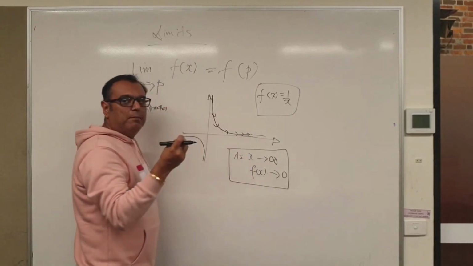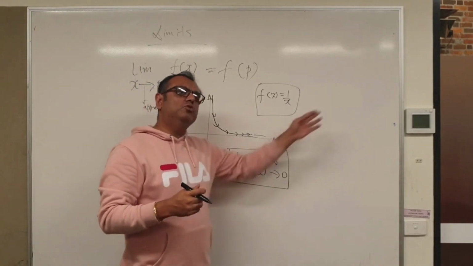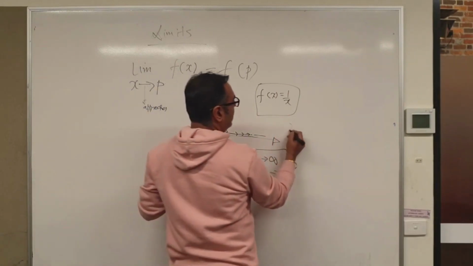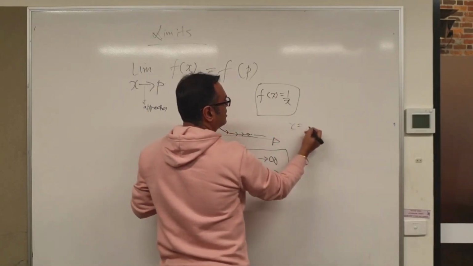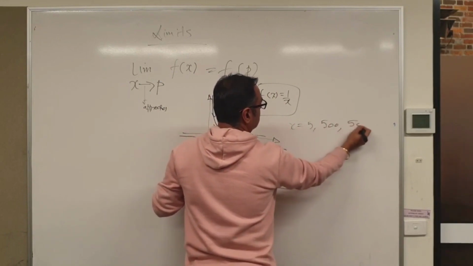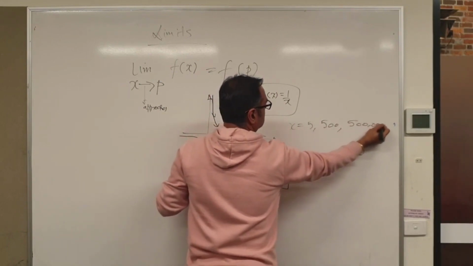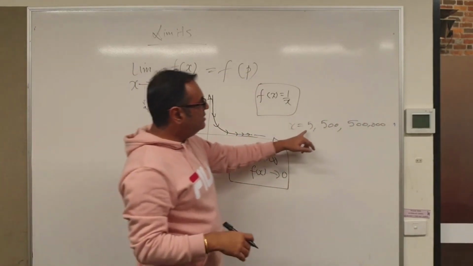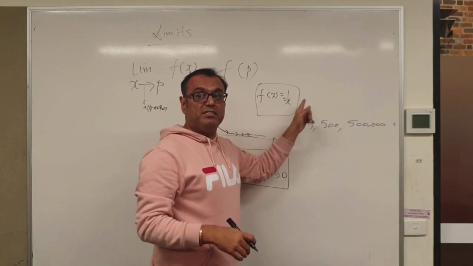Let's take some examples. Let's take a few numbers from 1 going towards infinity for x. Let's say my x could be 5, 500, 500,000. I can go even bigger, right? Let's try to find the value of f of x.